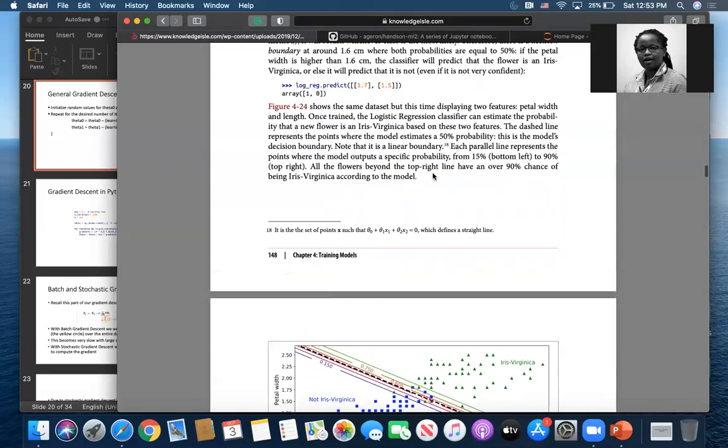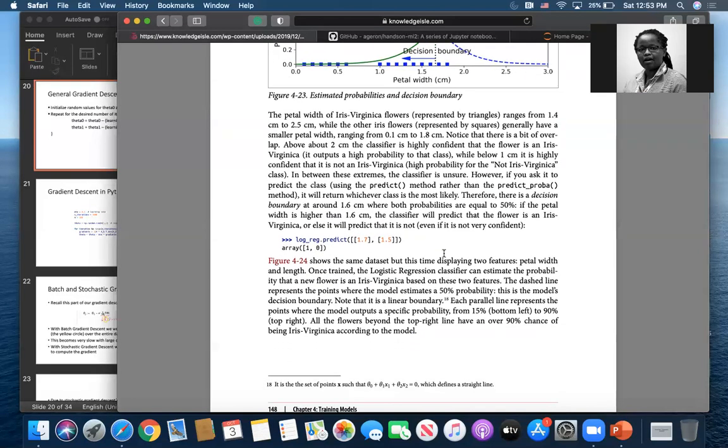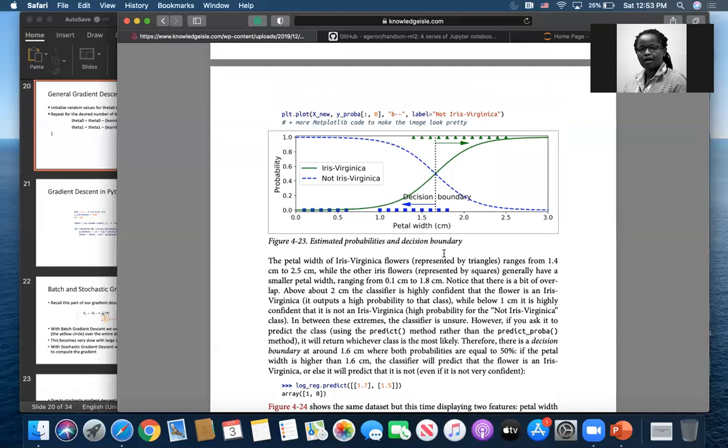So essentially what he's saying is that if you look at the boundary and keep following it, based on the petal width and the probability, Virginica usually starts from around 1.4-ish, and there's a little bit of overlap, but around 1.6 it can tell you beyond this with 100%, because classes you're going to distinguish by using probability. So you're saying above this many centimeters, I can tell you 100% that this is this type of flower.